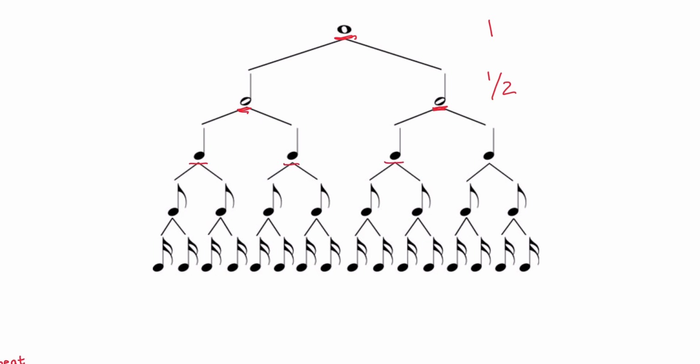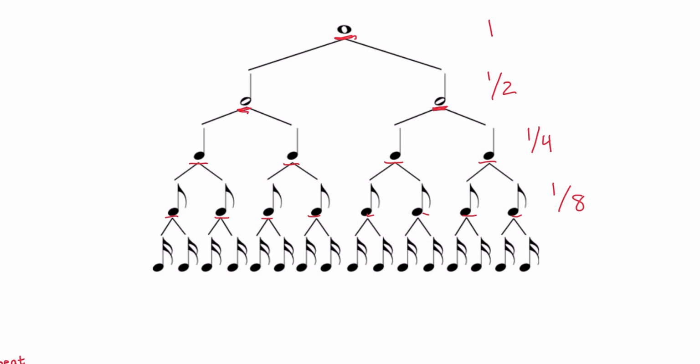If we go down, you can see now each quarter note is 1 out of 4, 1/4, or a quarter of the whole. We'll keep going down to the 8th notes, see how many there are. 1, 2, 3, 4, 5, 6, 7, 8, just like you would expect.